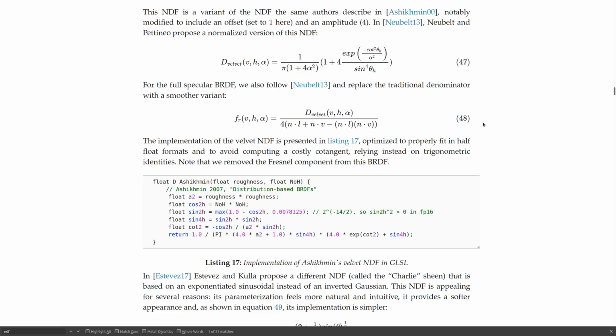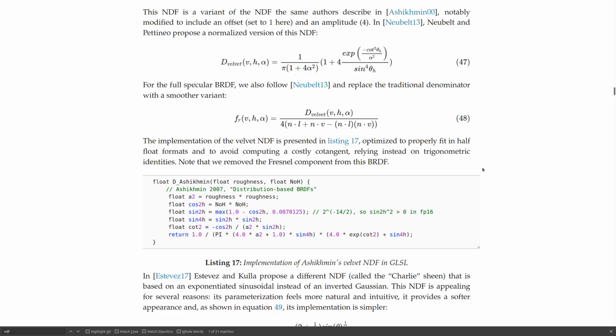Yeah. So for the full specular BRDF, we now follow this other one and replace the traditional denominator with a smoother variant. So this is in terms of the normal vector and the view vector and the light vector. And then this term from above.